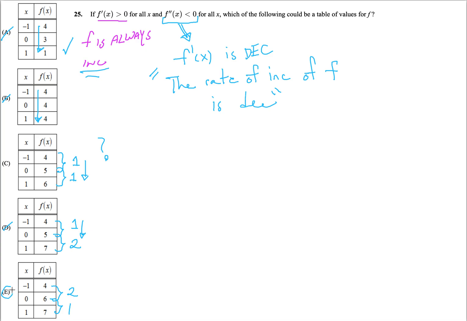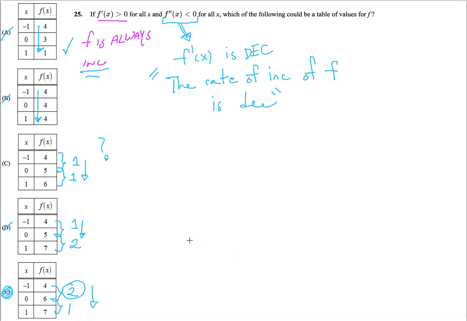And E is your correct choice, because you can see that from negative 1, 4 to 0, 6 it increased by 2, right? But then as it went again, it only increased by 1. So its rate of increase went down, even though f is still increasing.